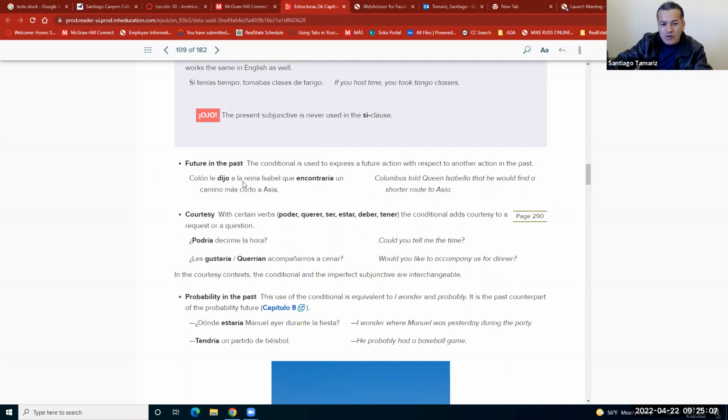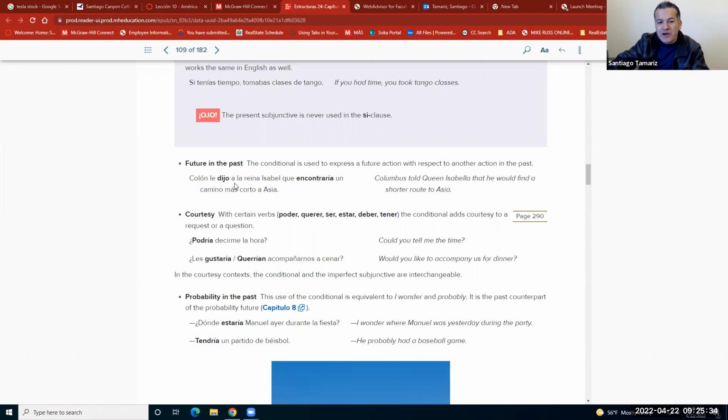Colón le dijo a la reina Isabel que encontraría un camino más corto a Asia. Bien, Colón le dijo, past tense. Columbus told Queen Isabella that he would find a shorter route to Asia.